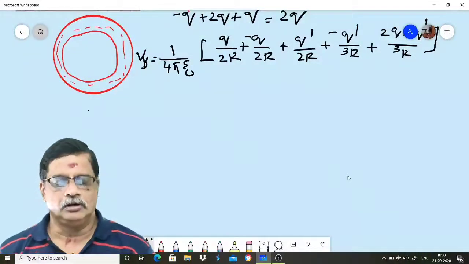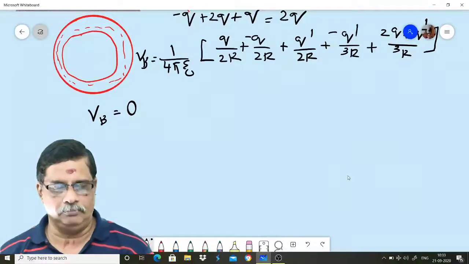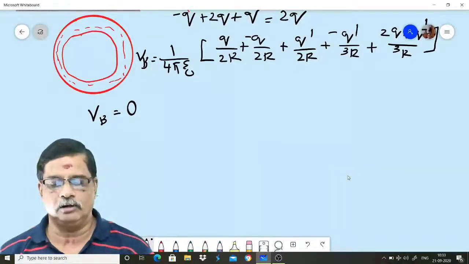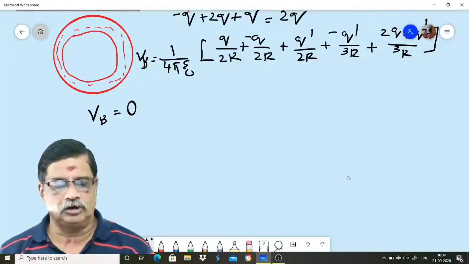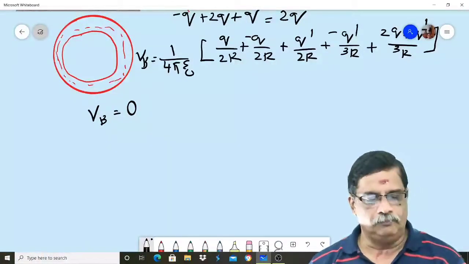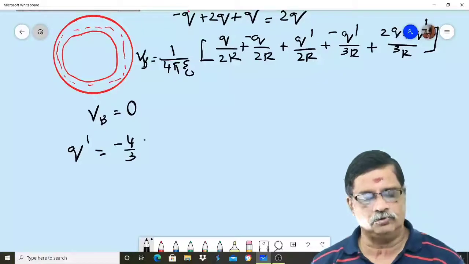That is, upon putting this expression, 1 by 4 pi epsilon 0 times q by 2r minus q by 2r plus q dash by 2r minus q dash by 3r plus 2q plus q dash by 3r equal to 0, and solving we will get q dash as minus 4 by 3 q. So simplification will give you q dash as minus 4 by 3 q.